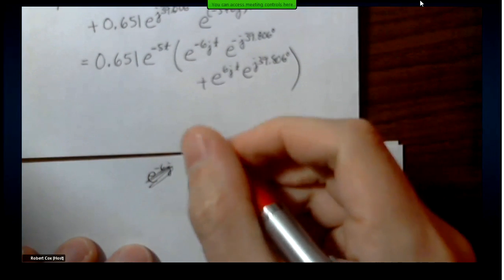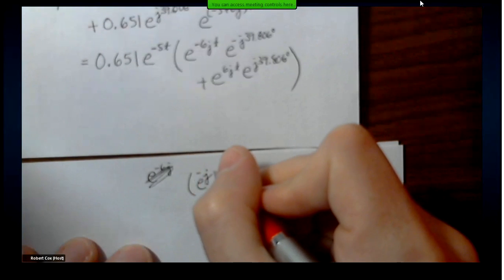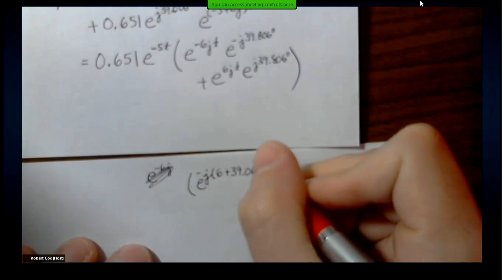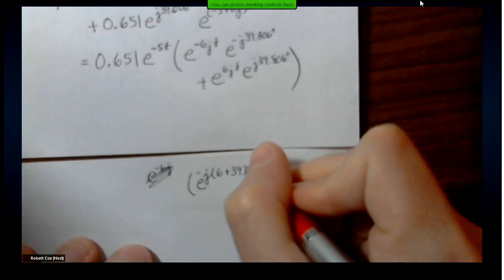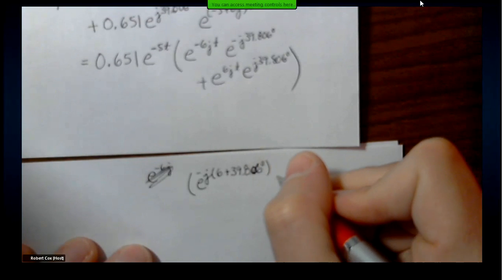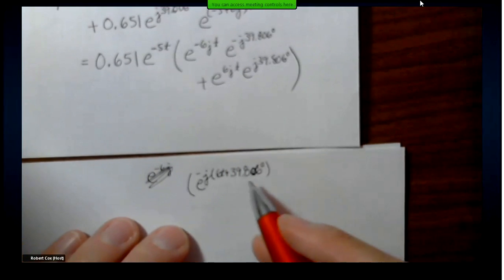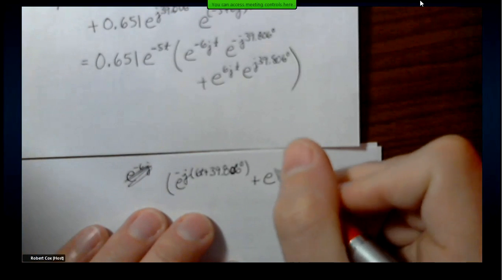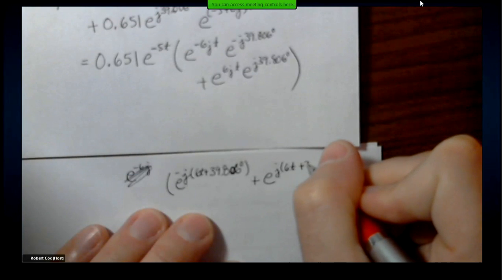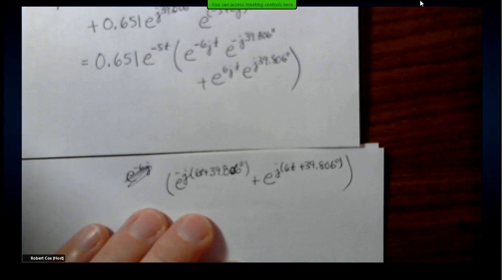I can say e to the j, minus 6t minus 39.806 degrees, plus e to the j 6t plus 39.806 degrees, like that. Okay?